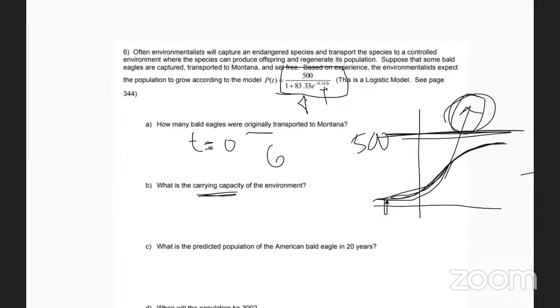What is the predicted population in 20 years? Well, then you would just plug in 20 for t and solve it.